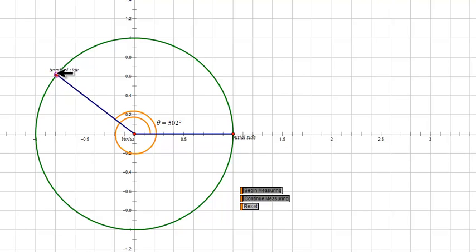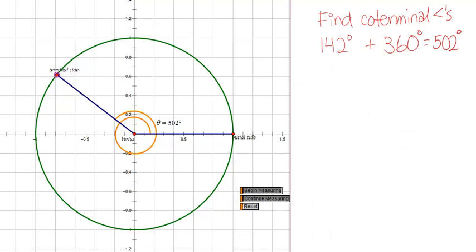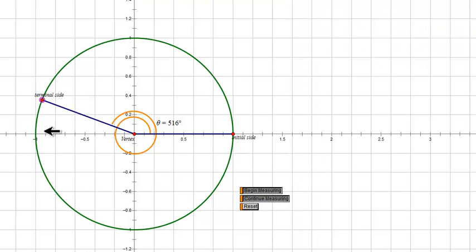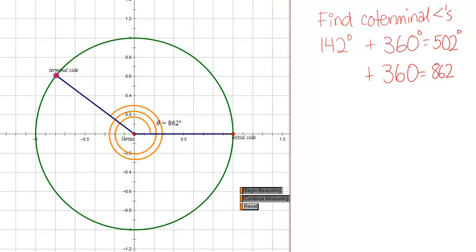We were pretty close. So could we keep going? What if we added another 360? You'd have 862. Does that work? That's there again. And we could add 360 again and get 1222, and so on.